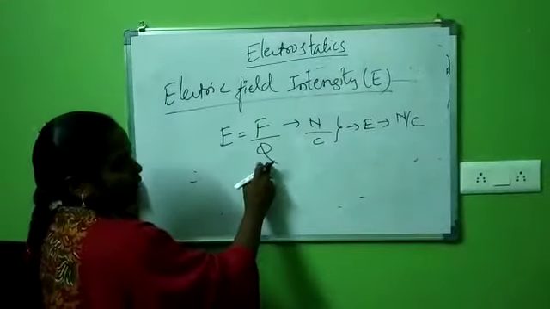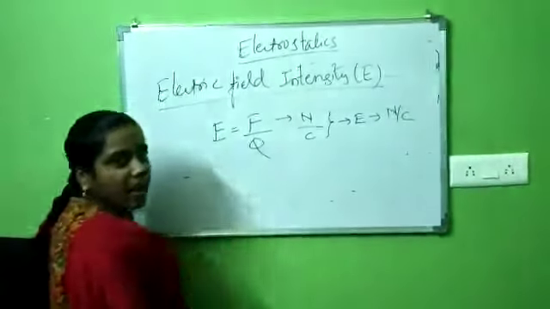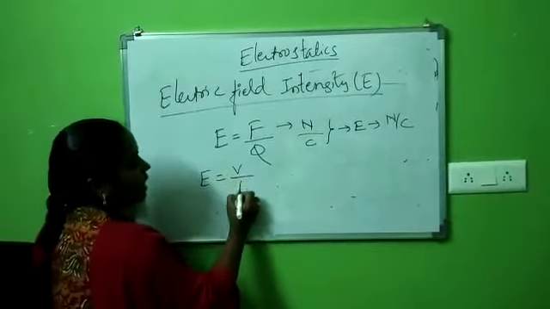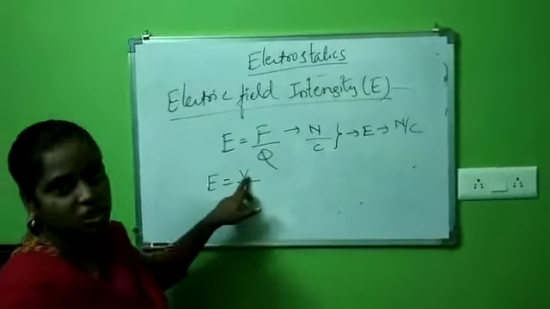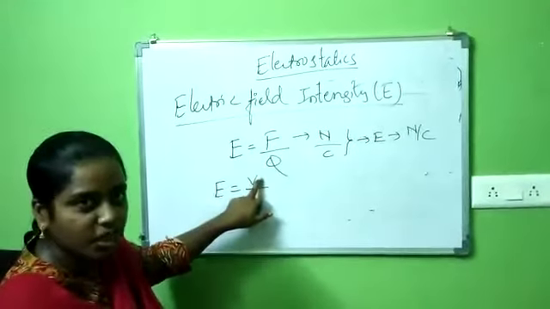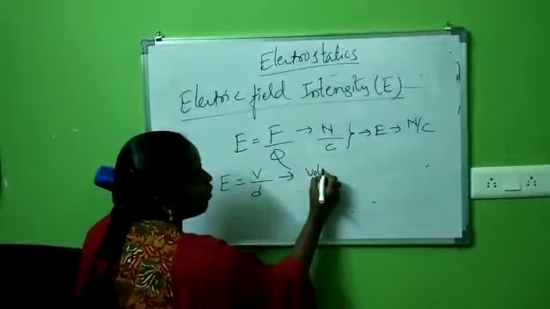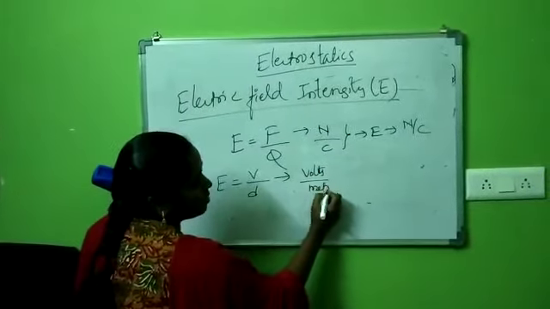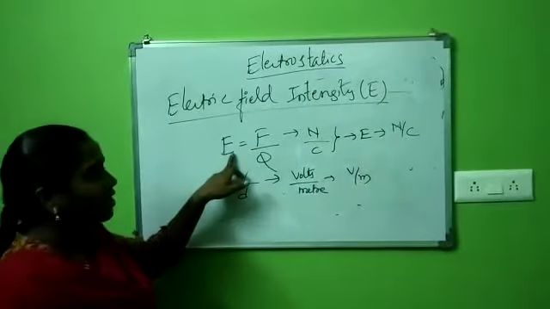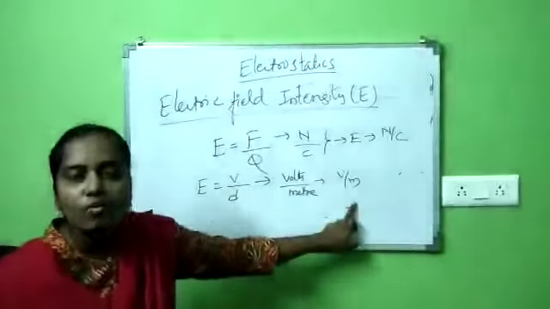From E equal to F by Q, you get newton per coulomb as the unit for E. One more equation we have for E is V by D, where V is the potential difference and D is the distance. From this the unit will be volts per meter. So for the electric field intensity you have two units: one is newton per coulomb, another is volt per meter.